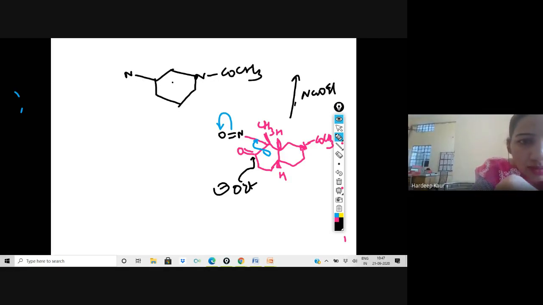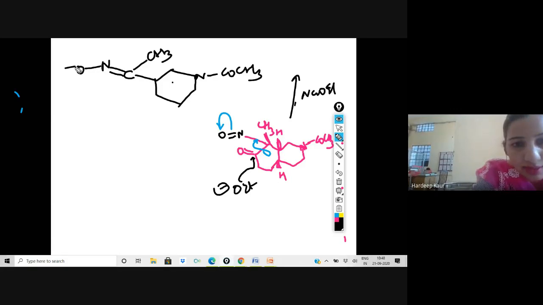Here we have carbon to which one methyl is attached, and here we have double bond N and O negative. Okay, so this is form 1, 2, 3, 4.